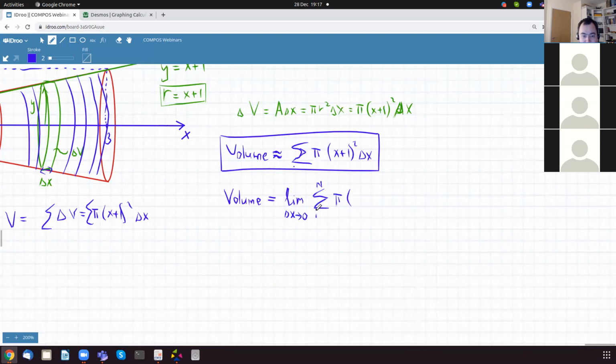Because we have from the first slice to the nth slice, of course, n will be infinitely large, because if the thickness is infinitely small, the number of slices will grow accordingly.